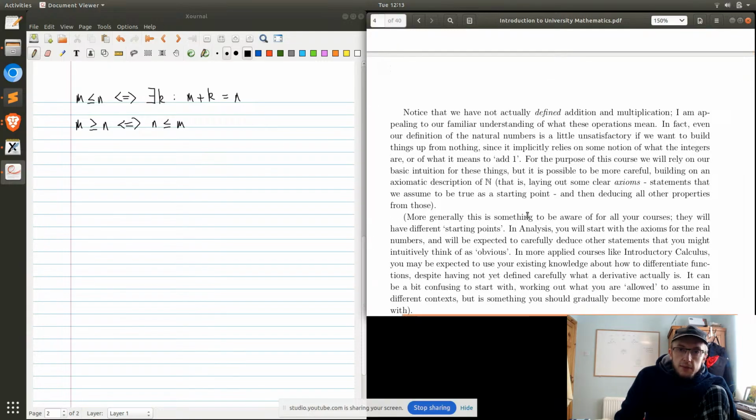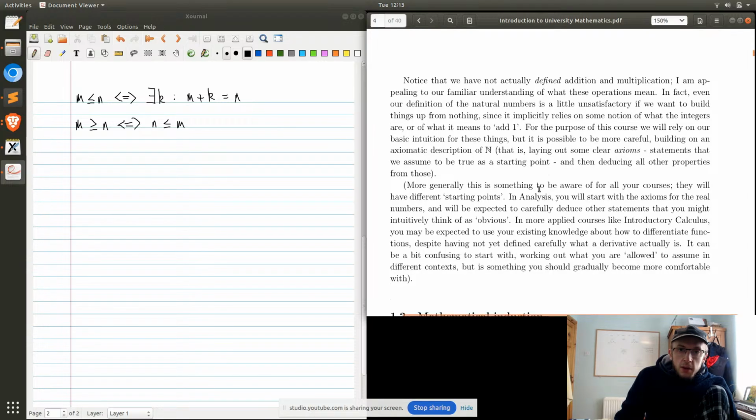Notice that we have not actually defined addition and multiplication. I am appealing to our familiar understanding of what these operations mean. In fact, even our definition of the natural numbers is a little unsatisfactory if we want to build things up from nothing, since it implicitly relies on some notion of what the integers are, or of what it means to add 1.